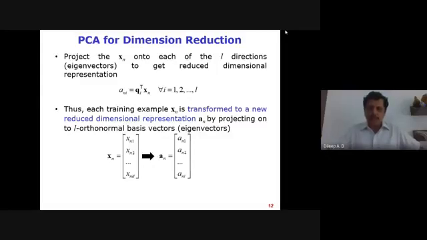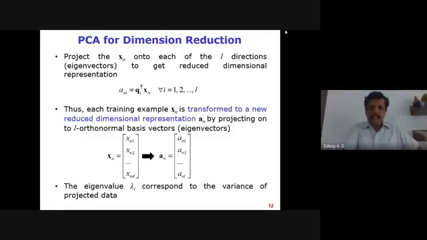That's why we say the eigenvalue corresponds to the variance of the projected data. The larger the eigenvalue, the more information content the corresponding eigenvector has. That is the idea we use here.